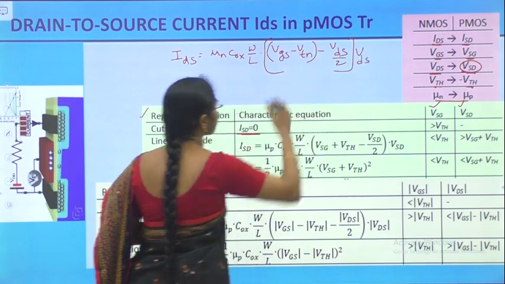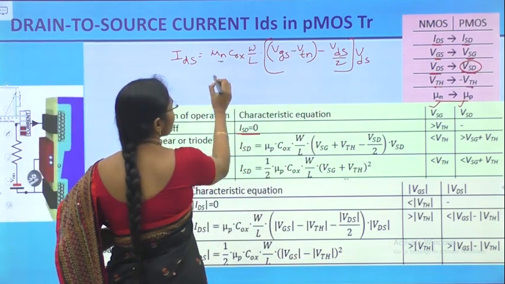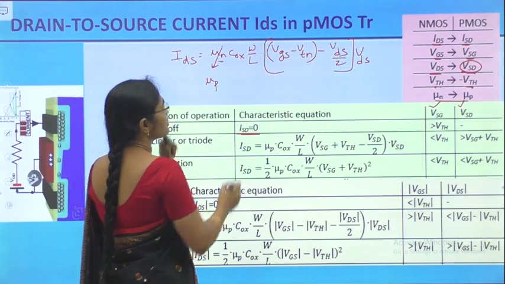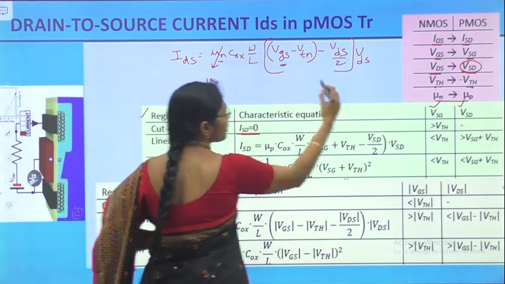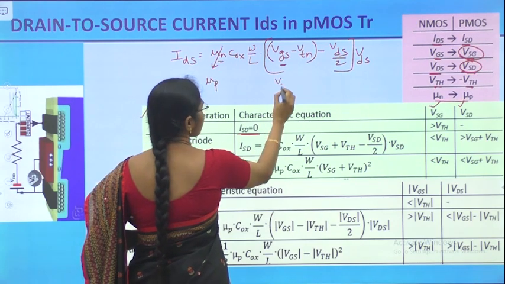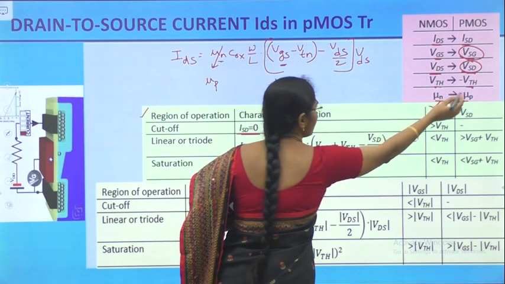This is the equation for the nMOS. Now here just replace mu n with mu p; COX, W and L are the same. Then VGS, instead of VGS what do we have to substitute? VSG.